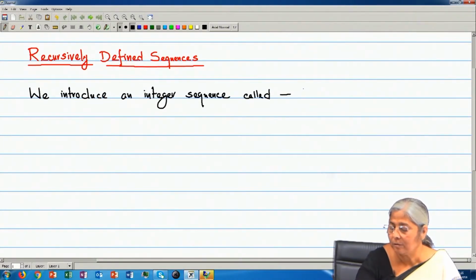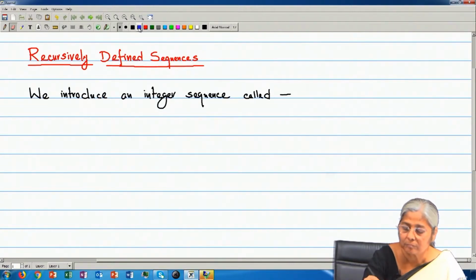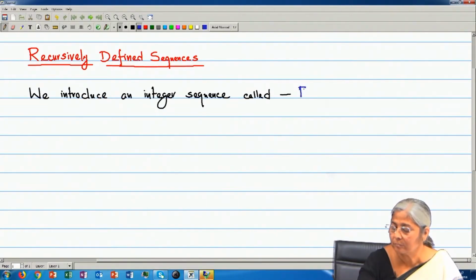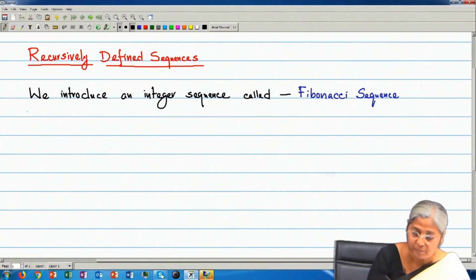First we see how the Fibonacci sequence is recursively defined.